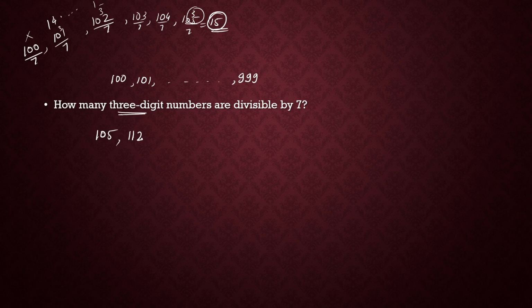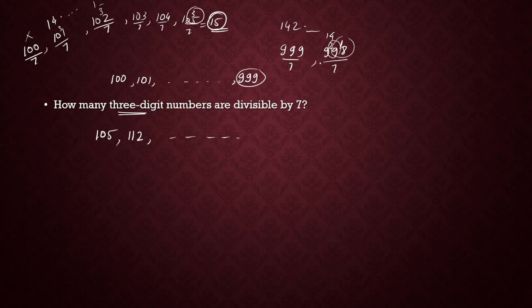Now it will go on up to which number, you have to see. First let me check if 999 is divisible by 7. When you divide, you will get somewhere around 142 point some decimal. So just reduce the numbers and keep checking. 998 divided by 7, it's not divisible.